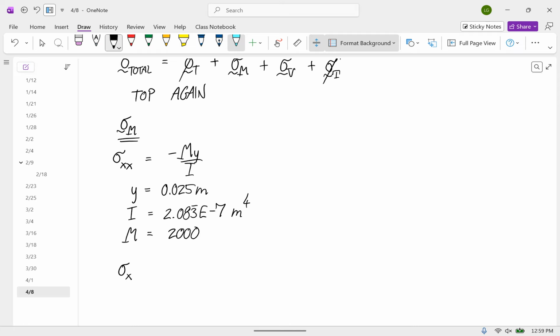So sigma xx is negative 2,000 times 0.025 divided by 2.083 repeating times 10 to the minus 7.